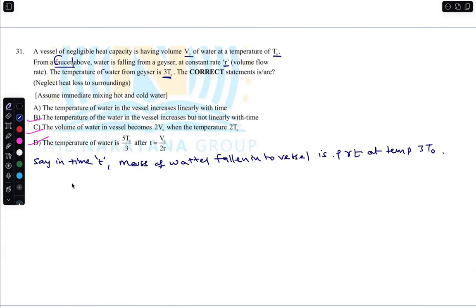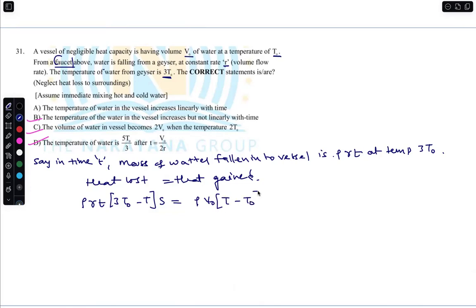You said the vessel of negligible heat capacity is having V naught volume of water at temperature T naught. So heat lost is heat gained, according to the principle of calorimetry. Who is losing heat here? Rho R t times S times 3T naught minus equilibrium temperature T is equal to rho V naught S times T minus T naught.